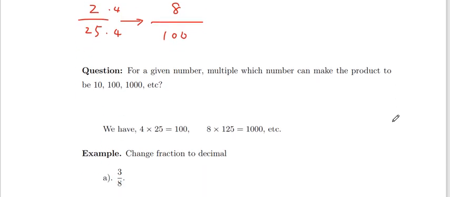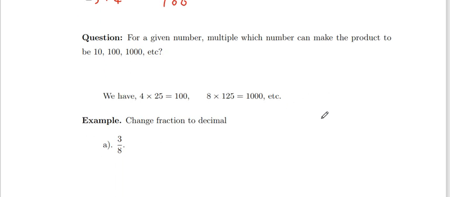So we know that for some numbers we can easily change the denominator to 10, 100, 1000. Like 25 multiplied by 4 equals 100, and 125 multiplied by 8 equals 1000.